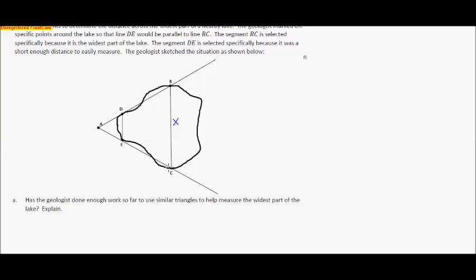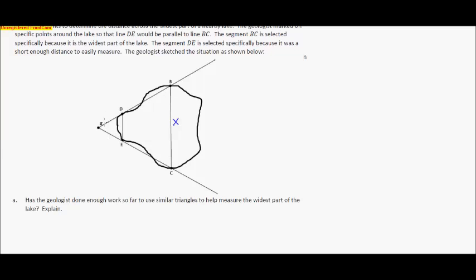If you remember, we had a problem similar to this before where the triangles overlapped each other. And when these two lines are parallel, that tells us that we were able to conclude that these two triangles were similar.